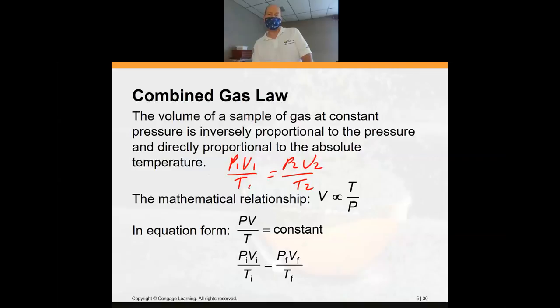So N is constant. N is the amount of gas in moles. So we are not injecting moles. We are not extracting moles of gas. We are not putting in more gas. We're not taking out gas. We have the same amount of gas. What we're changing is pressure, volume, and temperatures.